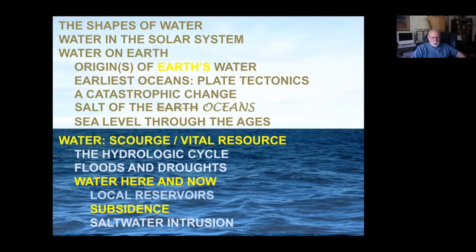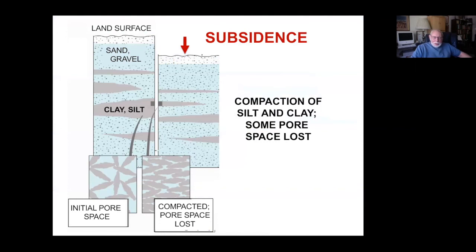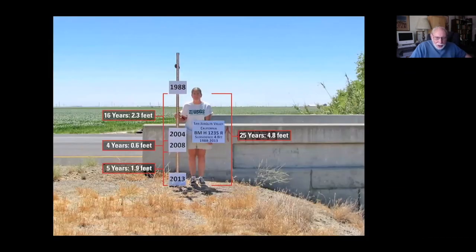Subsidence is an issue because when water is pulled out of the ground, particularly the fine grained silt and clay, it loses its pore space, and it collapses. And so the ground actually sinks. And the amount of sinking has been phenomenal in the Central Valley.